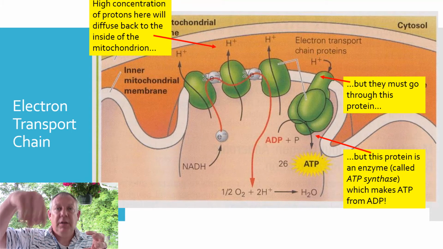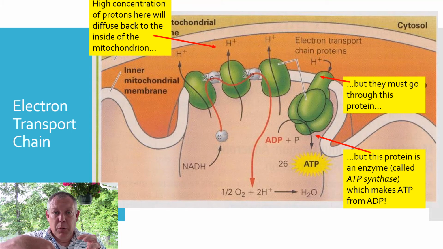Because that proton is diffusing through, that causes ATP synthase to change shape, which causes it to catalyze this reaction. And so now we have finally made some ATP, right? It took us a few steps, but we did it through a little bit of hillbilly engineering here almost.